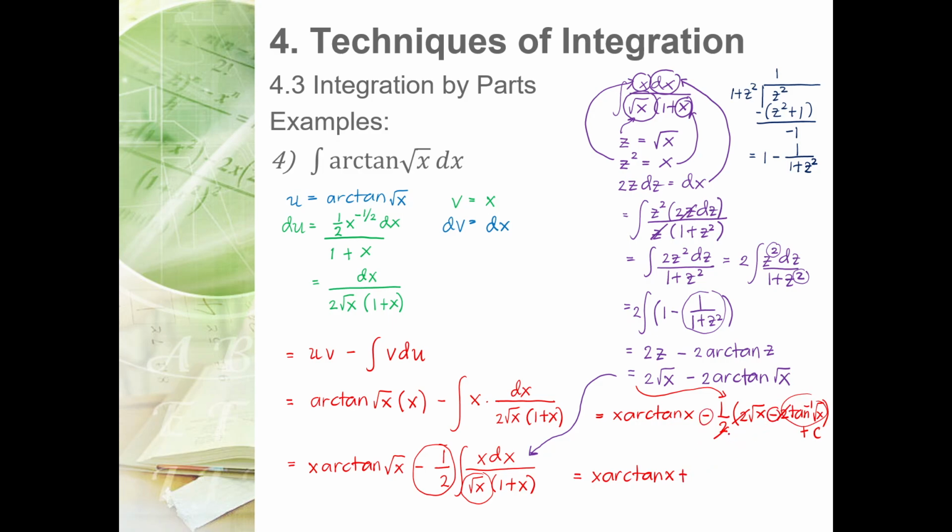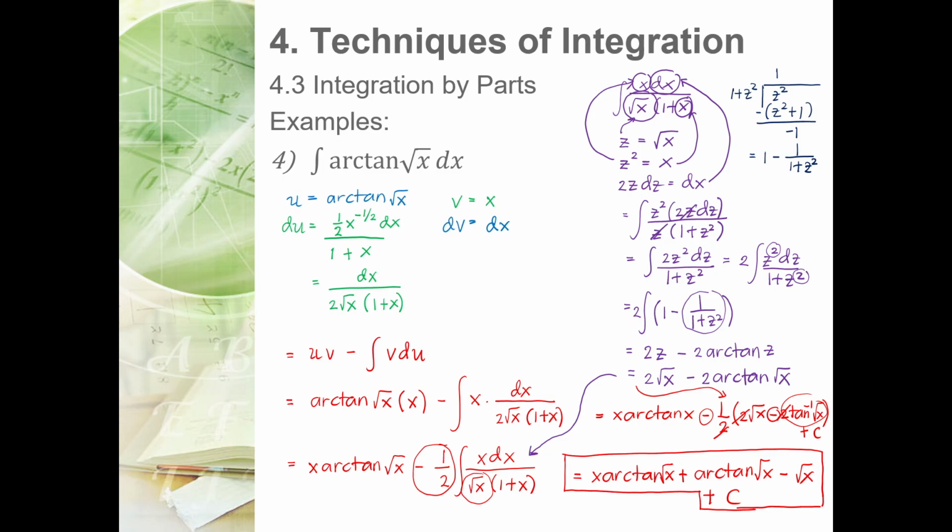So we now have plus arctangent square root of x minus square root of x plus c. So this is the final answer.